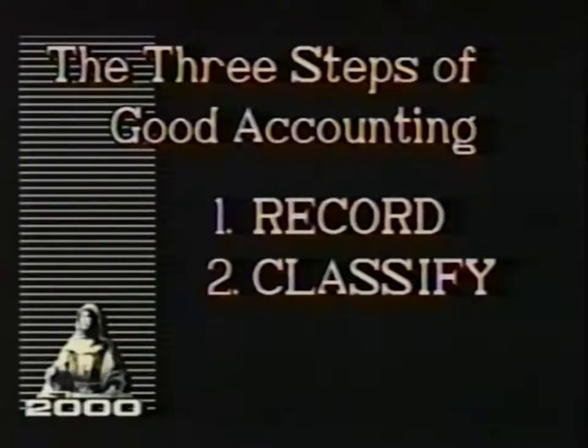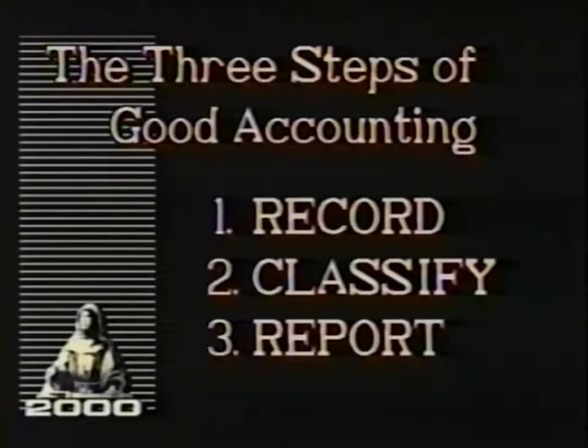Where did the money come from? Where is the money going? Finally, accounting summarizes and reports all the information on transactions over a certain time period. As we move into our next chapter, we'll begin to examine how the 3 steps in good accounting are practiced.